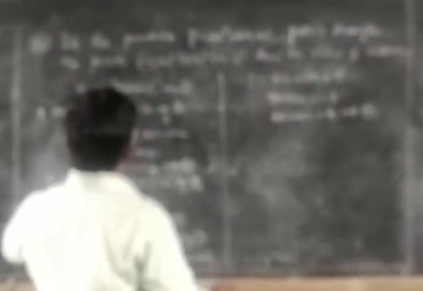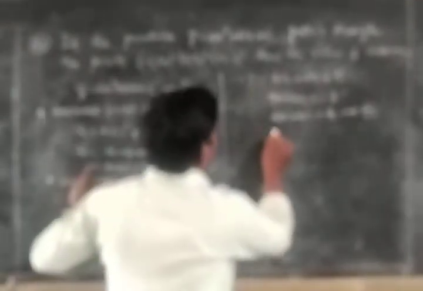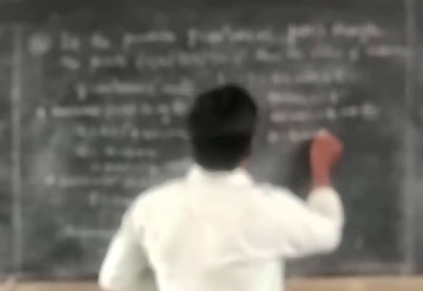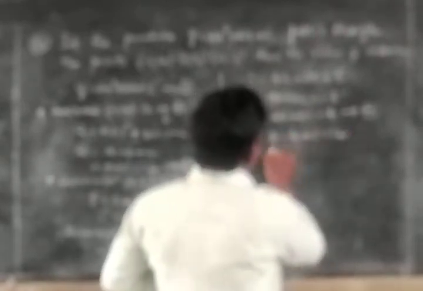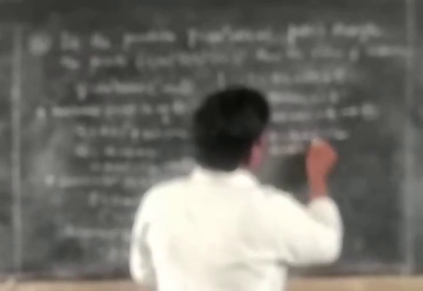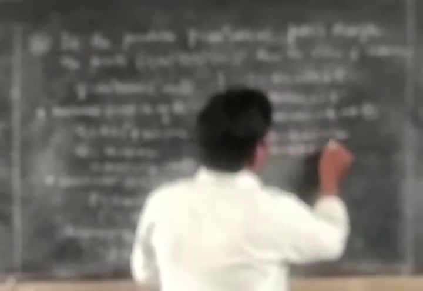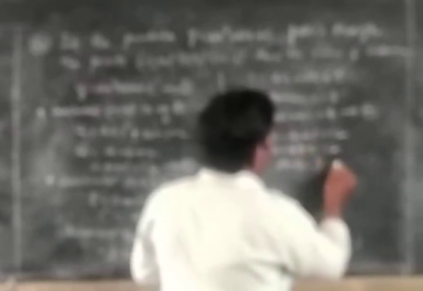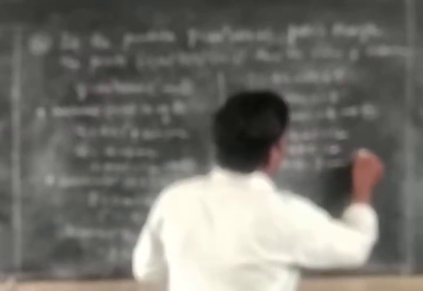Now equation 2: a minus b plus c equal to 12. What is the c value? Minus b plus c value 5 equal to 7. A minus b equal to 7. This is equation 5.